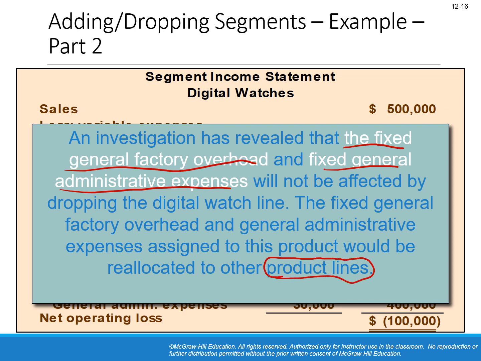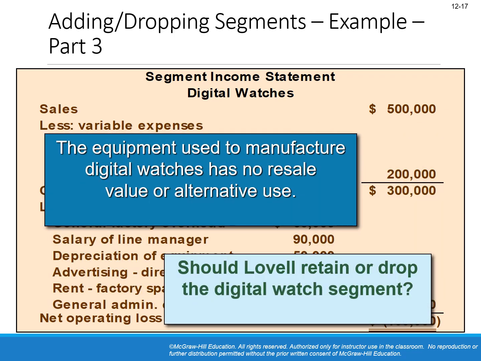So this is similar to saying those are common fixed expenses or fixed costs and not traceable fixed costs. Also, the given says that the equipment used to manufacture digital watches has no resale value or alternative use. Therefore, the depreciation expense now is irrelevant because you will not be saving any depreciation expense, because you will get rid of the equipment. They don't have any resale value.